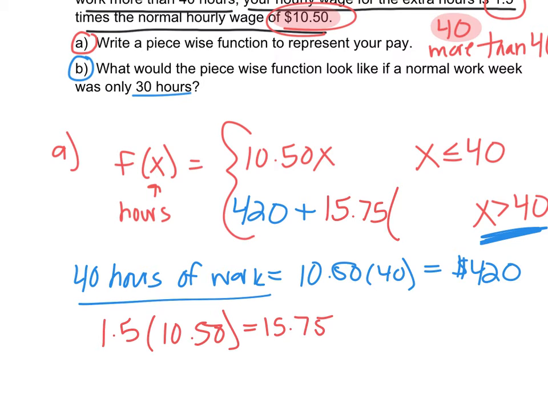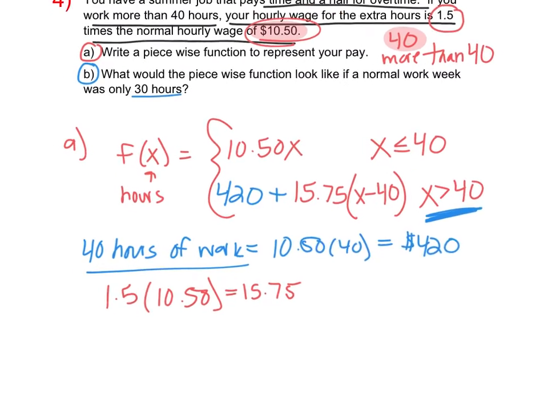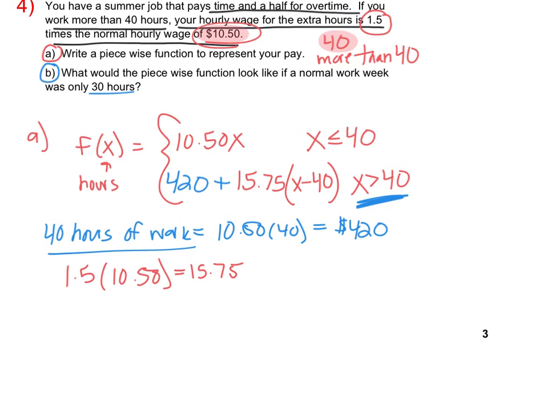So the way we would show that is we can't just say x, because x would be all of the hours. We have to say x, but we're going to subtract the 40 of regular pay that we already have. So there is our piecewise function.